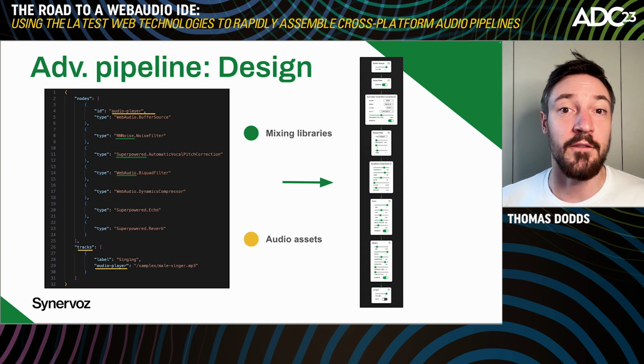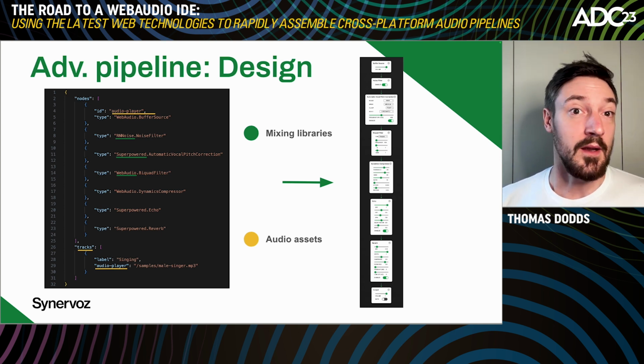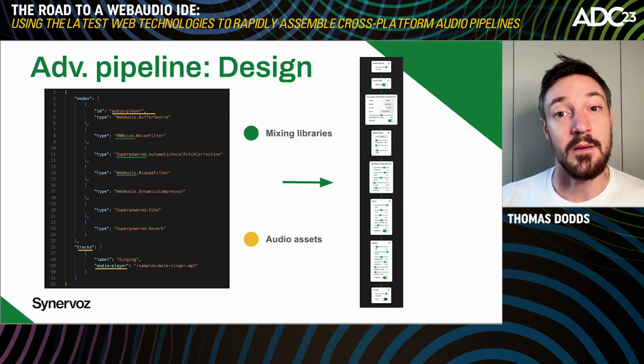Here we're instructing the graph node with the ID audio player to load the given URL, also highlighted in yellow. Lastly, you'll notice on the right that I've included a portrait screenshot of the graph. This again is the mobile view. It rearranges the graph and automatically lays it out from top to bottom rather than left and right.